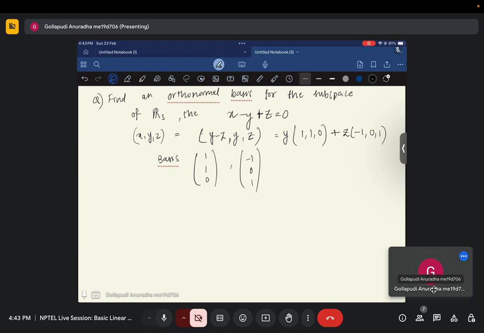Okay, so first thing, the first one, let us leave it this way. So K2 will be, you have to remove its component.